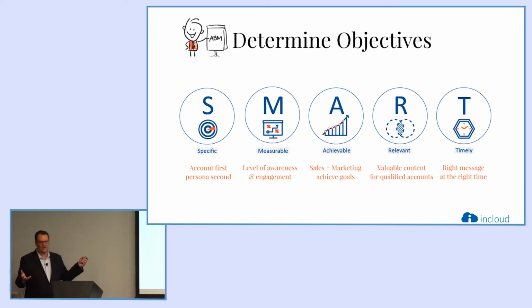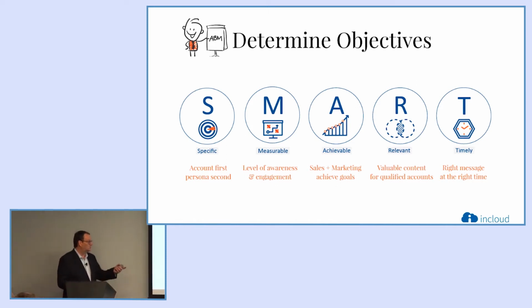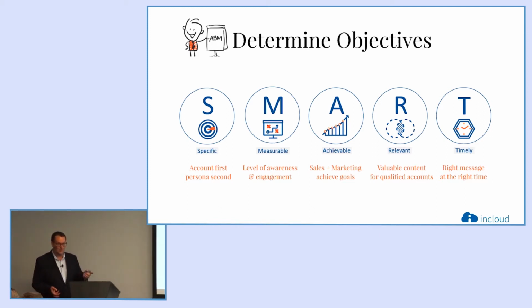And then really understanding the personas of those profiles and the industries that they're in, and really getting our messaging correct. The measurable components of this are, what are the level of awareness and engagement that we're having with those people, and how does that align with our business objectives, right? The achievable goals are, are we aligning sales and marketing together, and do we have those achievable goals?